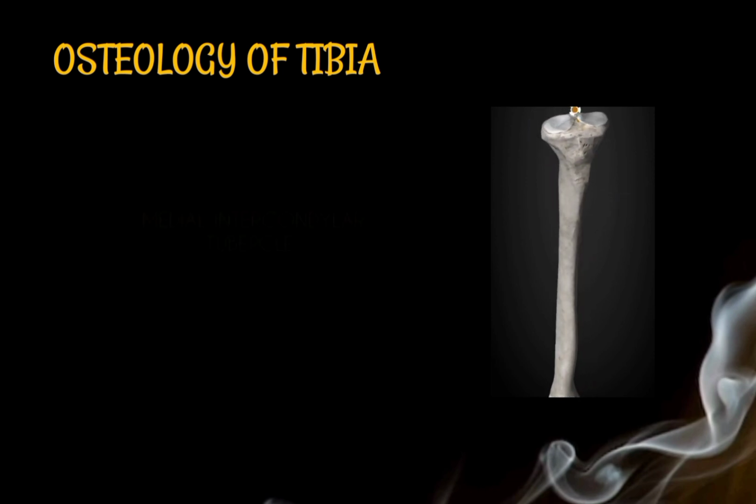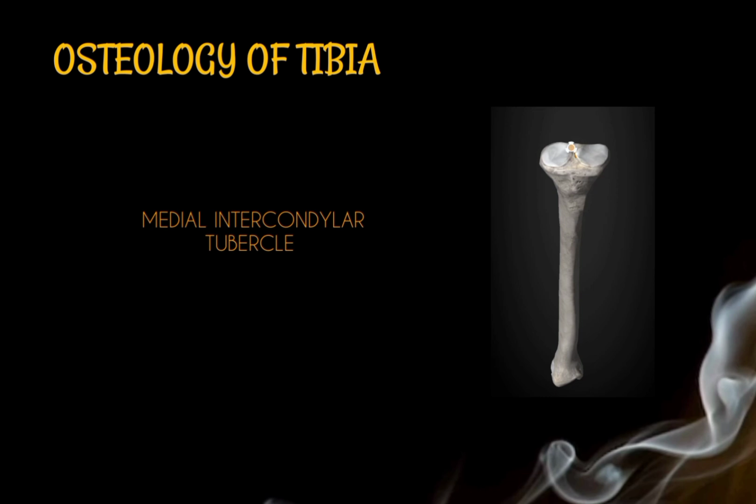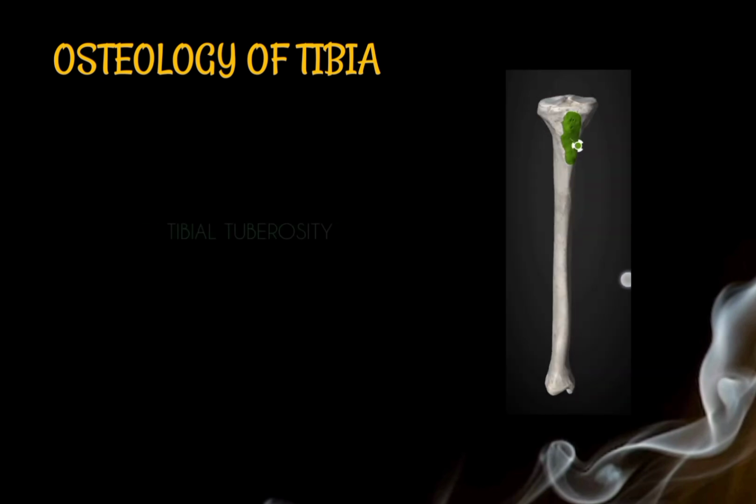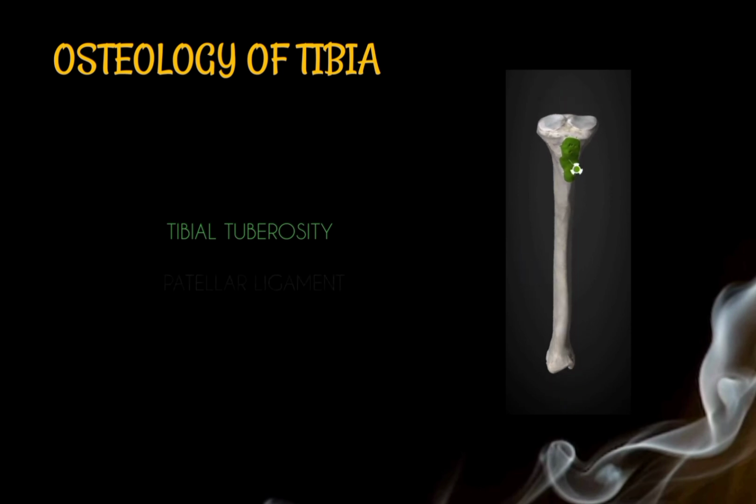This is the medial intercondylar tubercle, and this is the lateral intercondylar tubercle over here. And the last thing that you will find on the upper end is the tibial tuberosity or the tibial tubercle, which is very prominent and located on the anterior aspect of the upper end of the tibia, which provides a surface for the insertion of the patellar ligament.